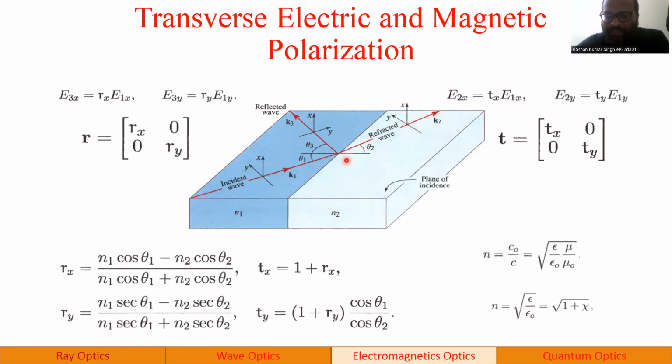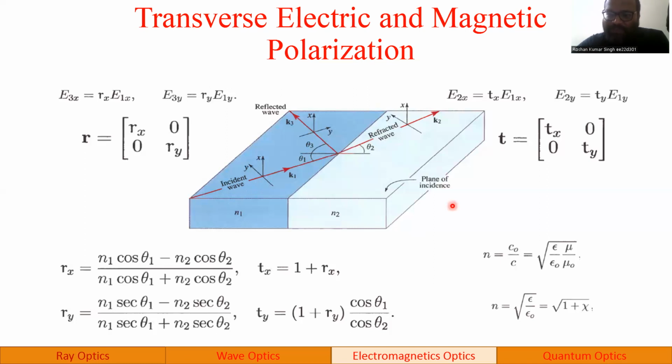One part is reflected, and one part is transmitted or refracted into the other medium. Then we get the reflection and transmission matrix, which denotes the fraction of the input wave that is either reflected or transmitted.